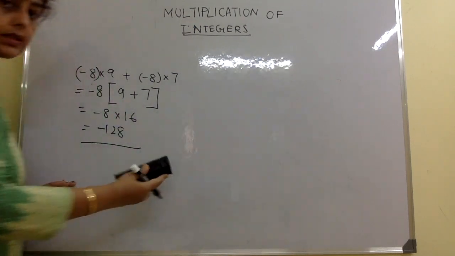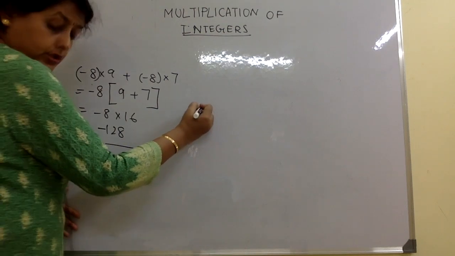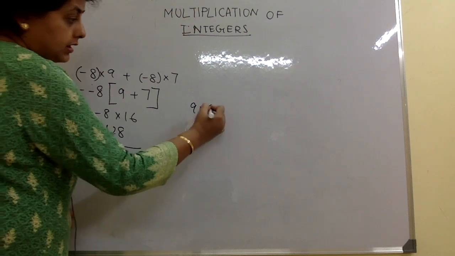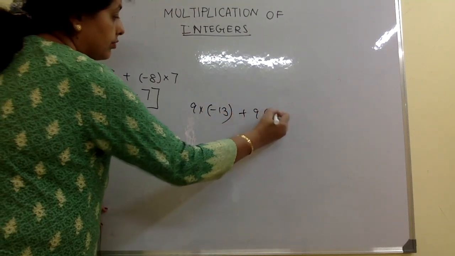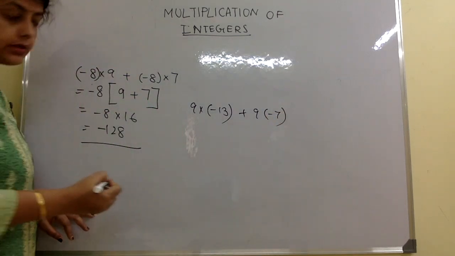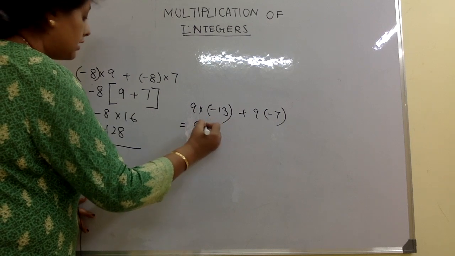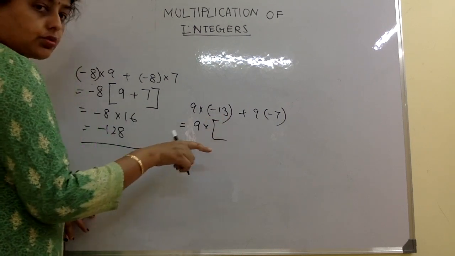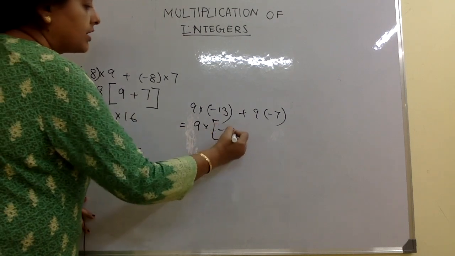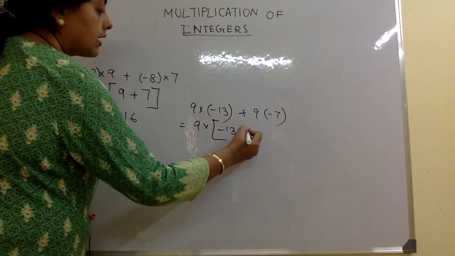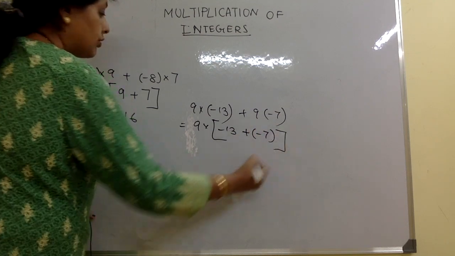So let's do another sum, a very similar one. This is 9 into minus 13 plus 9 into minus 7. Here 9 is the common one. Let me take it outside the bracket. If you don't put the into, it's okay, because a number right before the bracket means multiplication. Minus 13, and you can write plus minus 7. This way also you can write.